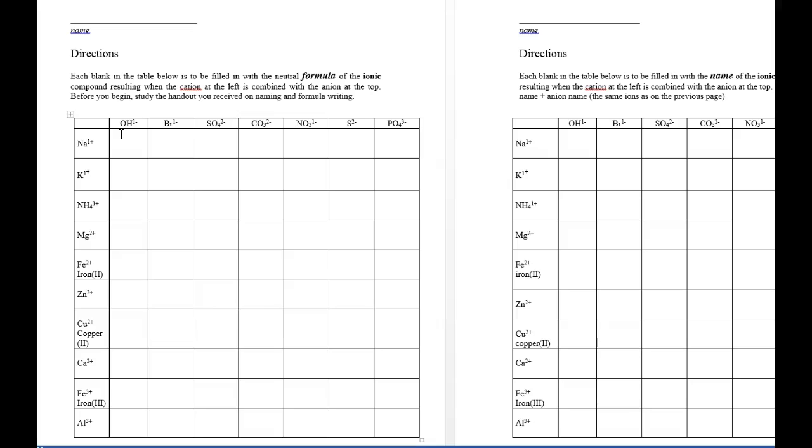If we look at the sulfur, we've got an Na+1, S is a -2. So we've got to put a 2 on the sodium, right? And so it's Na2S. And then the last one in this column, we've got a sodium plus you've got the PO4 -3. So we have to put a lowercase 3 on the sodium, right?